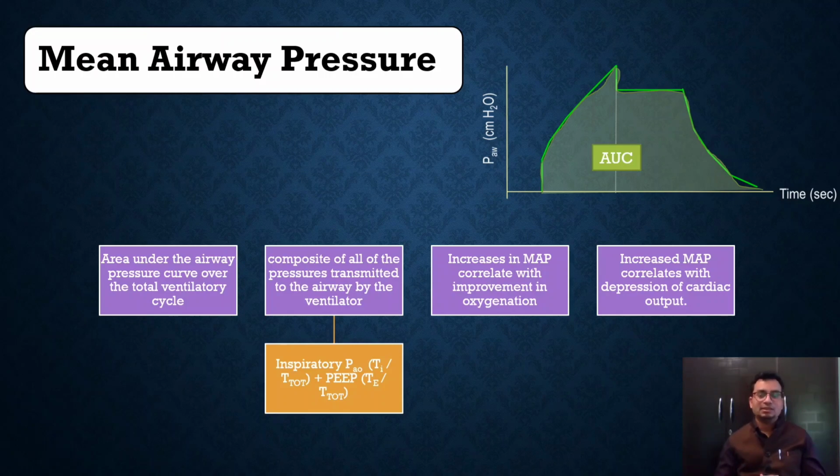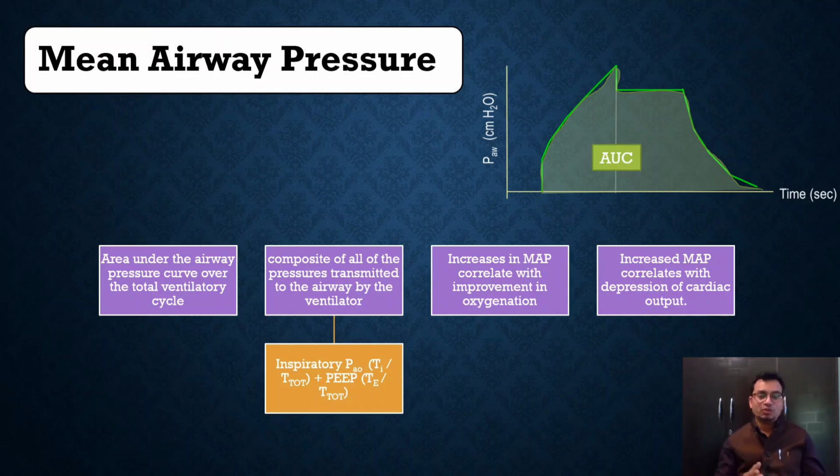Higher mean airway pressure is good as it improves the oxygenation, but at the expense of lower cardiac output. So it will actually decrease the cardiac output and may decrease the blood pressure. So that is the reason we have to always monitor the blood pressure whenever patient is showing high mean airway pressure.